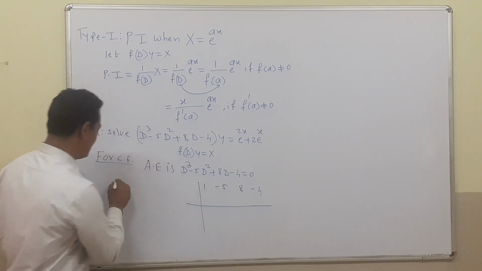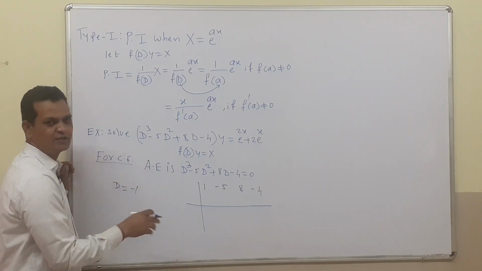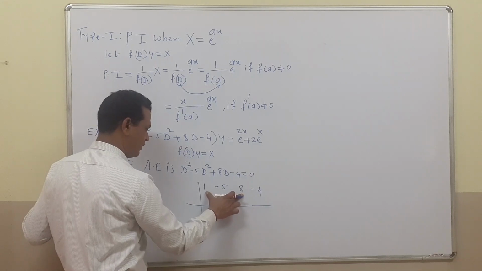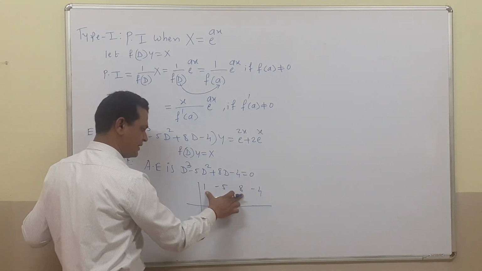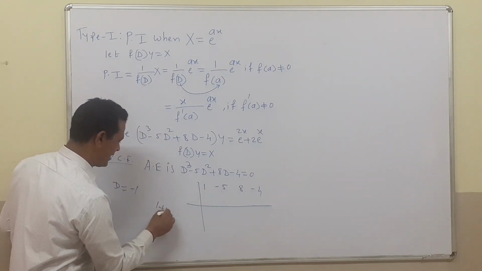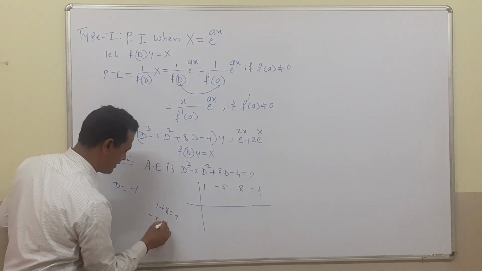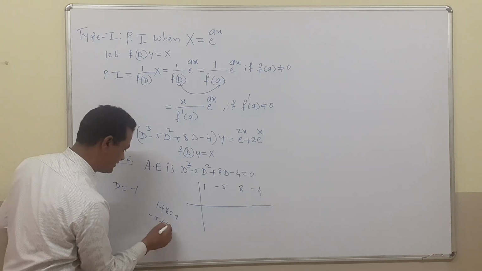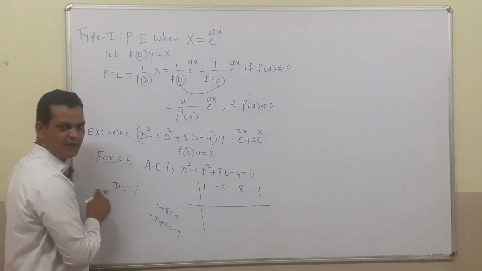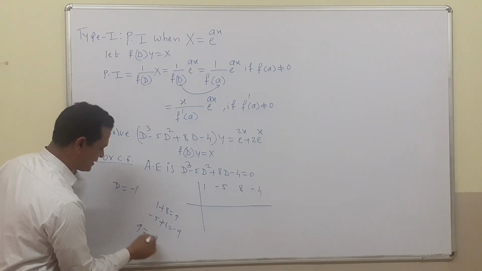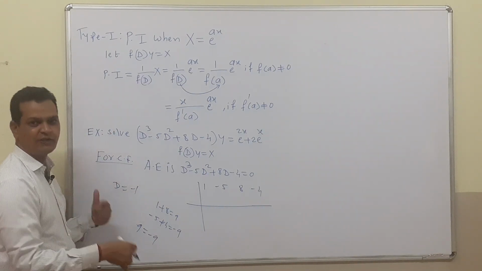When d is equal to minus 1 is a factor, the sum of alternate coefficients is equal. The sum of alternate coefficients 1 and 8 is 9, and the sum of the next coefficients minus 5 and minus 4 is minus 9. These two are not equal, 9 is not equal to minus 9, so d is equal to minus 1 is not a factor.